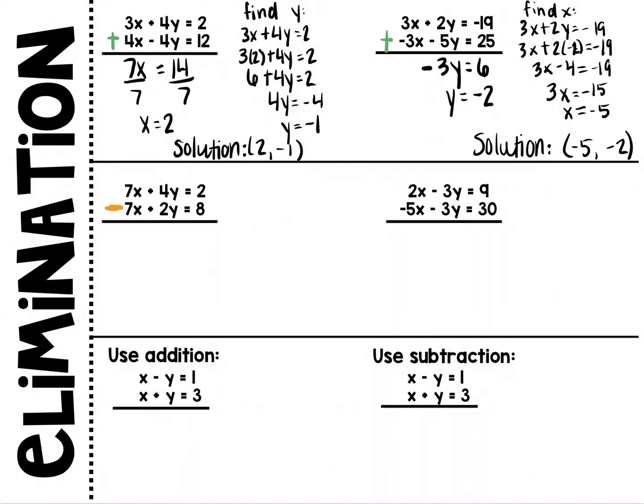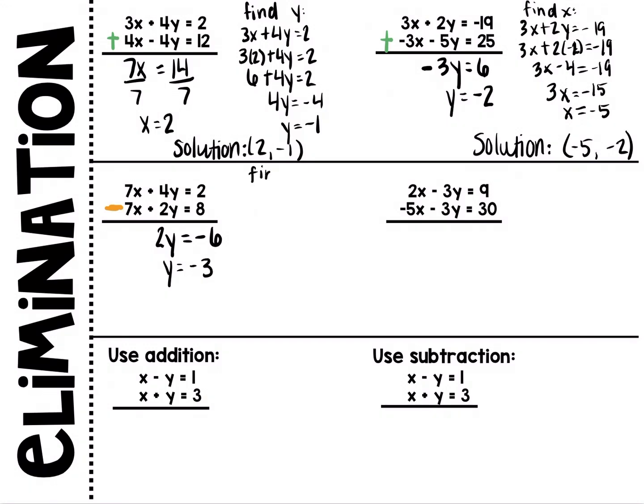So 7x minus 7x is 0. And then 4y minus 2y is 2y equals 2 minus 8, negative 6. Whatever you're doing, adding or subtracting, you have to do it all the way across. Then you're going to divide by 2, and y is negative 3.